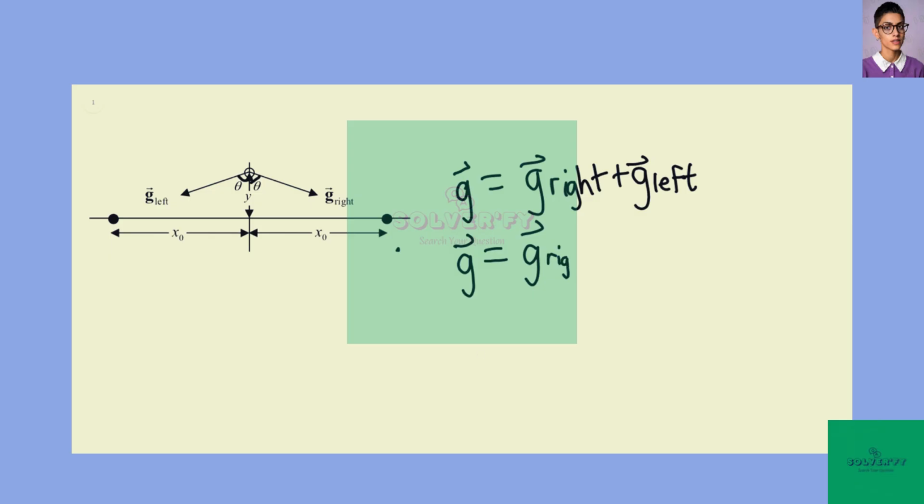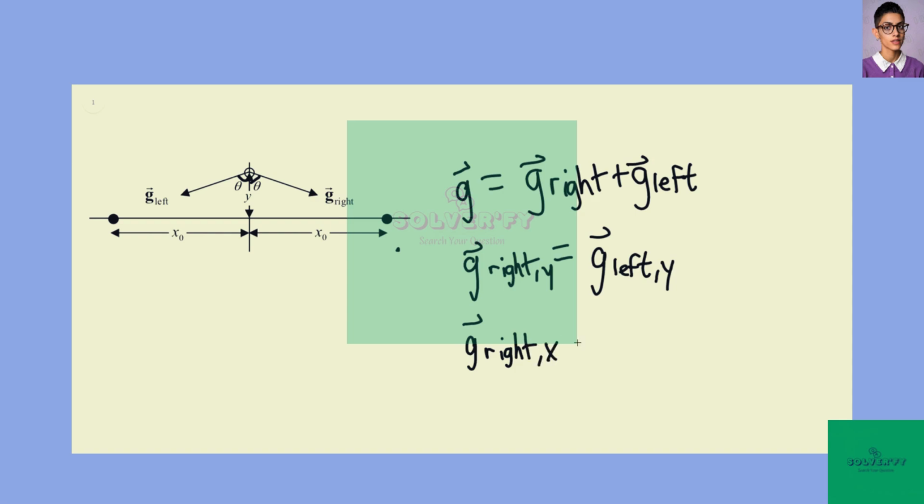Rather, we can say that the gravity on the right has a y component equal to the y component of the gravity on the left, and the x components will be opposite of one another. So this is just based on symmetry so that we don't have to write so many terms.